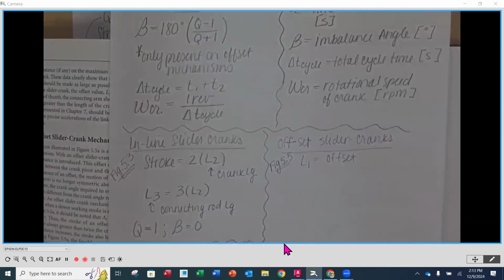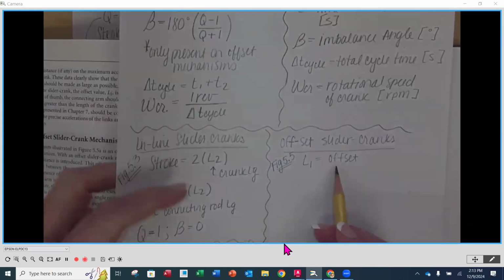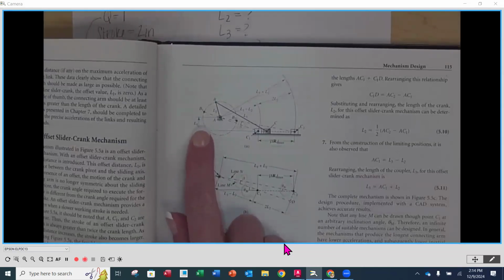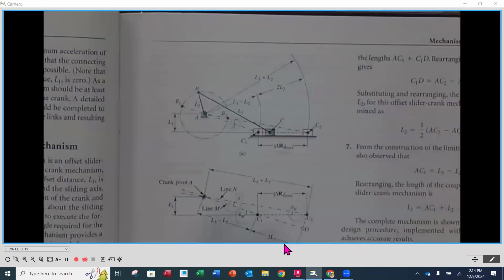So up until this point, we've looked at L2, which is the length of the crank, L3, which is the length of the connecting rod, but L1 is going to be the distance of the offset from the center of rotation to the path of the slider. So again, L1 is our offset, and it's this dimension in this orientation as we see it right here, okay?